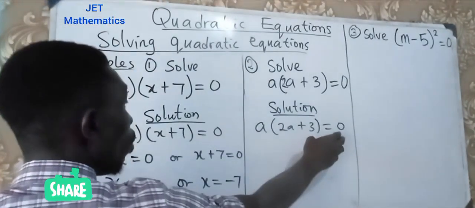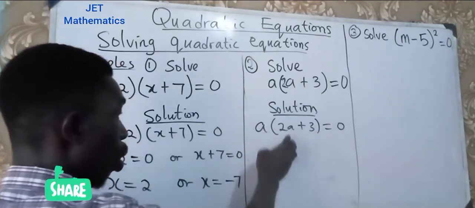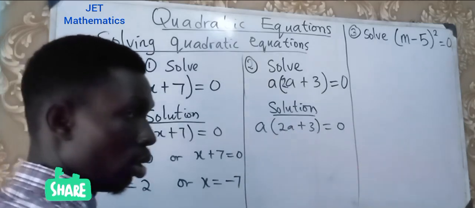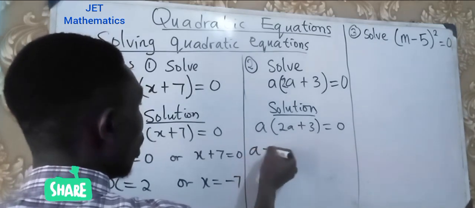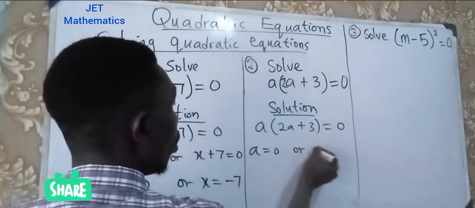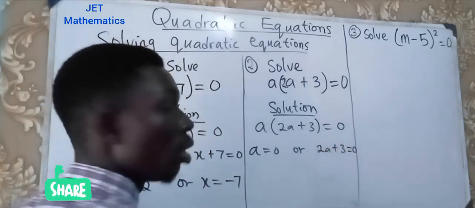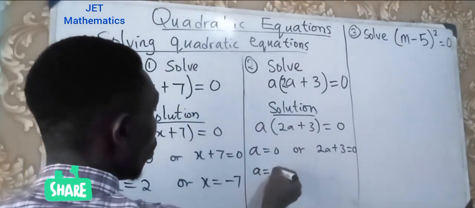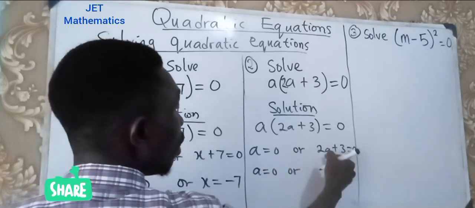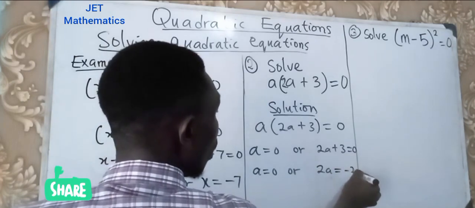So for this to be equal to 0, it means a is either equal to 0 or 2a plus 3 is equal to 0. And then we can continue by saying a is equal to 0, or solving this linear factor, we have 2a is equal to minus 3.